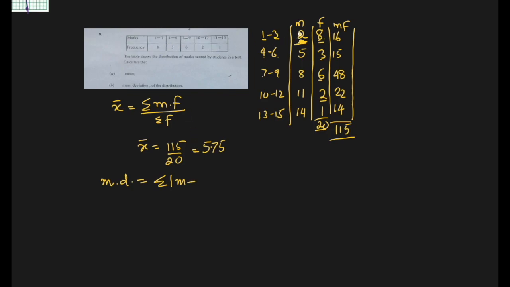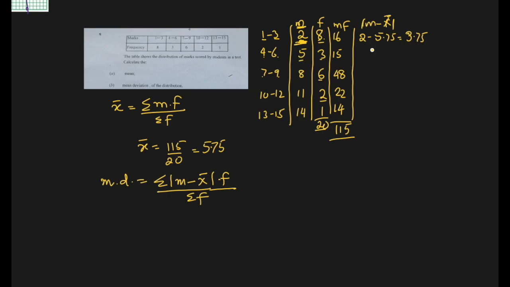Normally it is written x, but because I have written the mid value m, it is m. So let's find the absolute m minus x bar. Here m is 2, and 2 minus the mean 5.75 should be minus 3.75, but I will write positive 3.75 because of the absolute value we want.